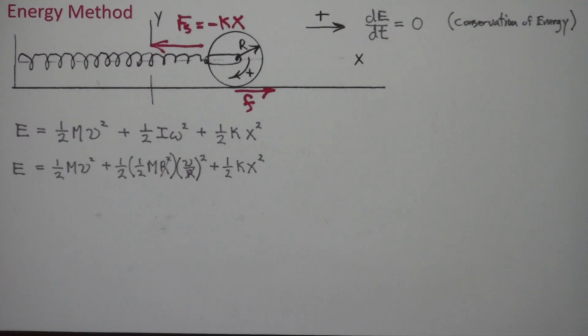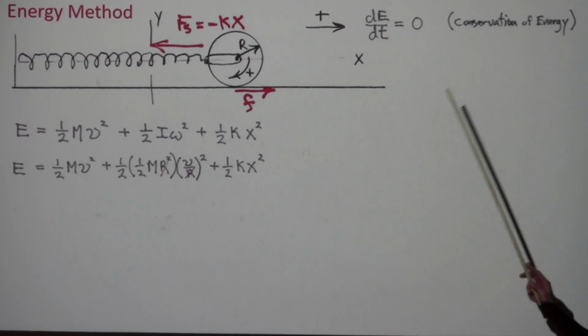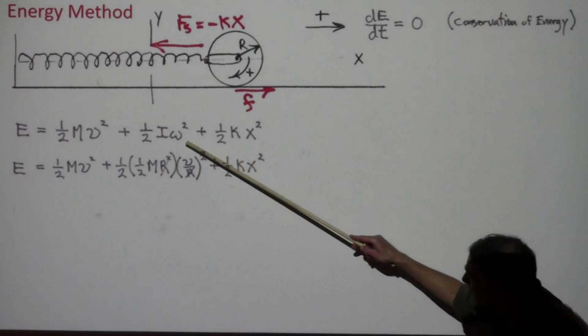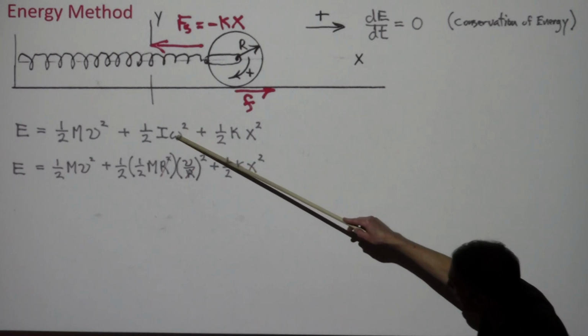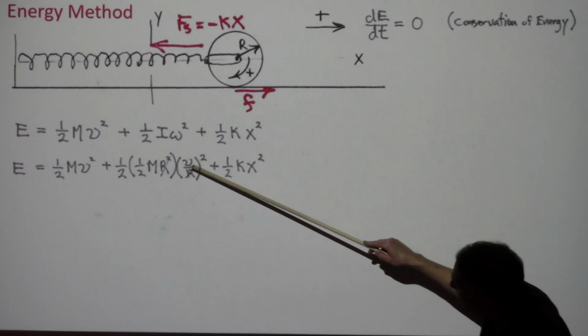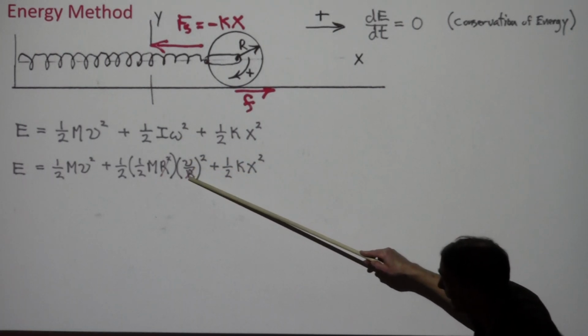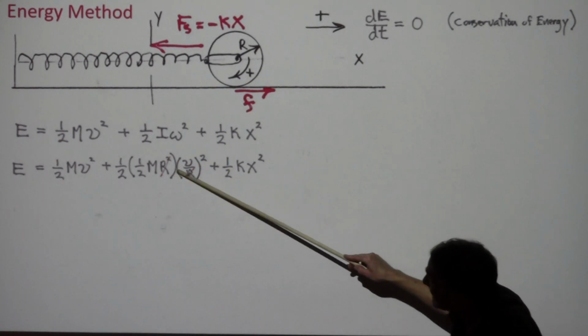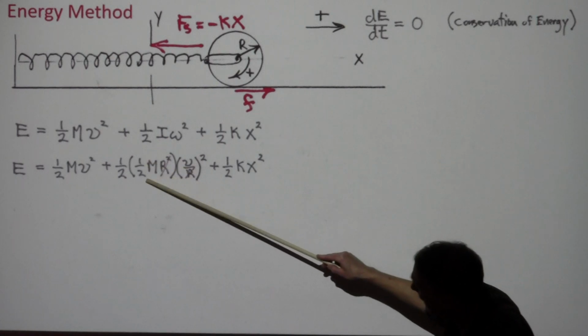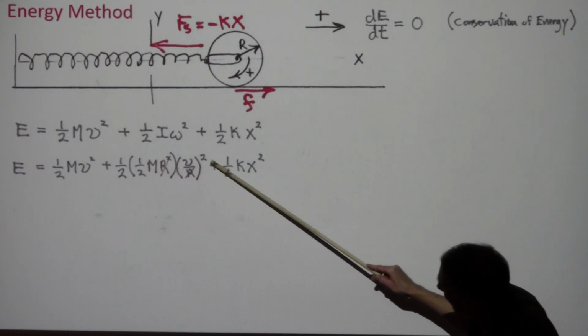So if I go through, now it rolls without slipping. We did this quite a bit when we were doing it in the 121. Omega has to be v over R, assuming it's not slipping. This is really the I of a big disk. That's 1/2 m r squared.